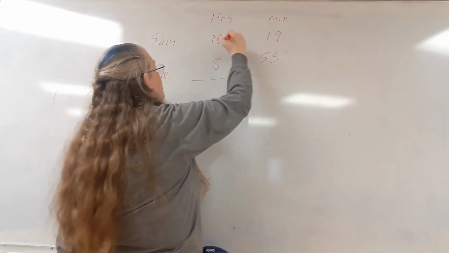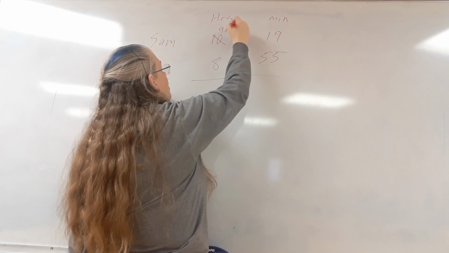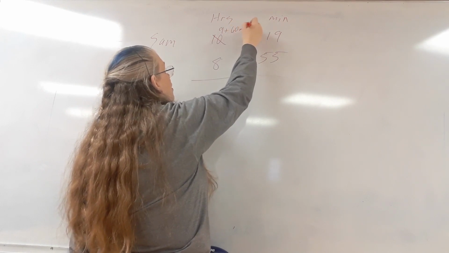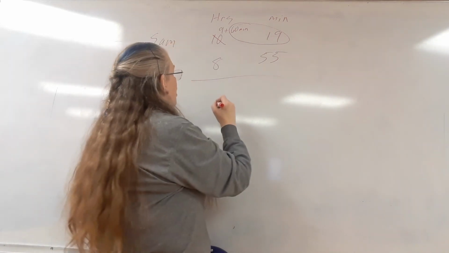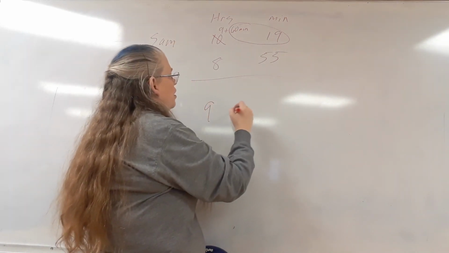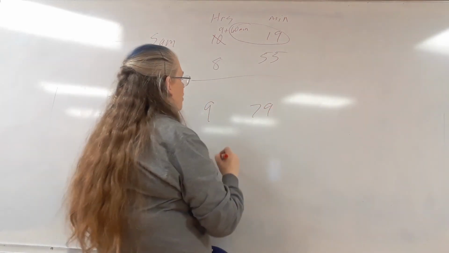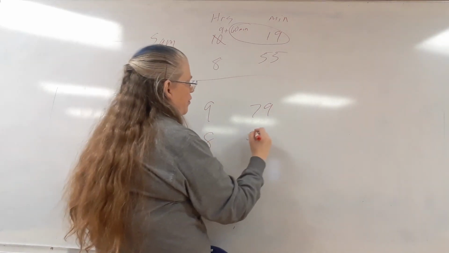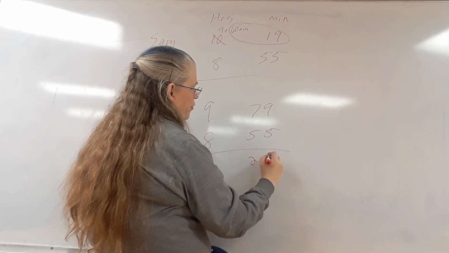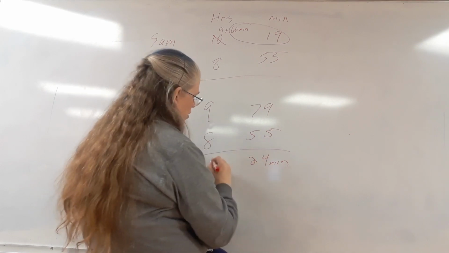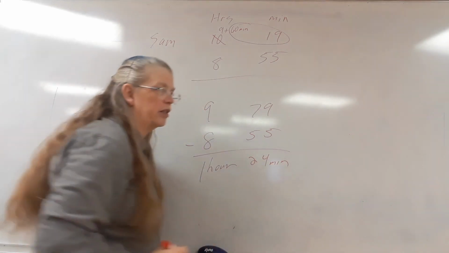So I have to steal one of these hours and make it 60 minutes and add it to the 19. So we have 9 hours, 79 minutes, minus 8 hours, 55 minutes. 1 hour, 24 minutes is our answer.